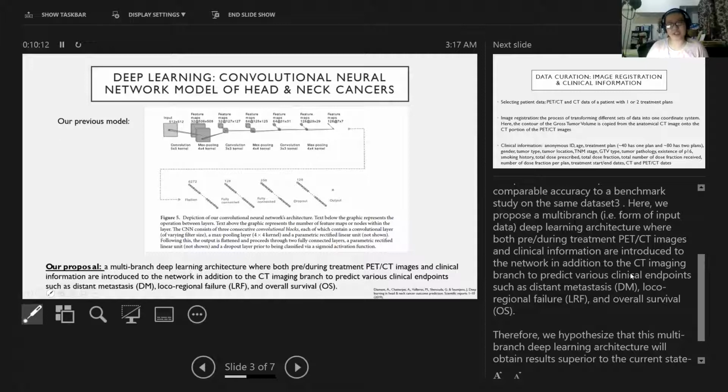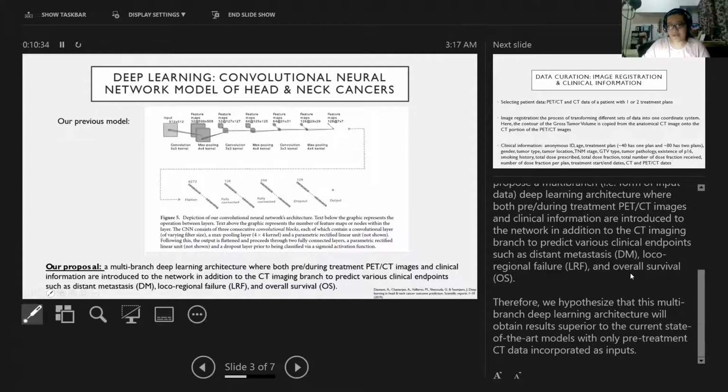What I mean by multi-branch is that different forms of input data, so different imaging modalities, can be used here. By clinical endpoints, I specifically mean distant metastasis, local regional failure, and overall survival.